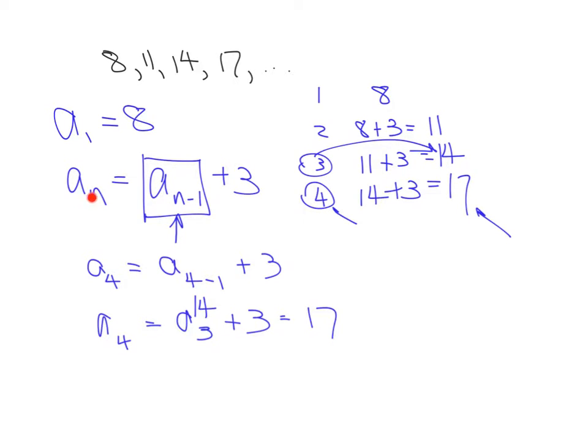That'll remind you that this is not the answer. This is which number we're talking about, first, second, third, fourth, fifth. So if I'm talking the third number, it's 14. The fourth number is 17. The fifth number then would be 20. Okay? So this n just represents which number we're talking about, not the number itself.